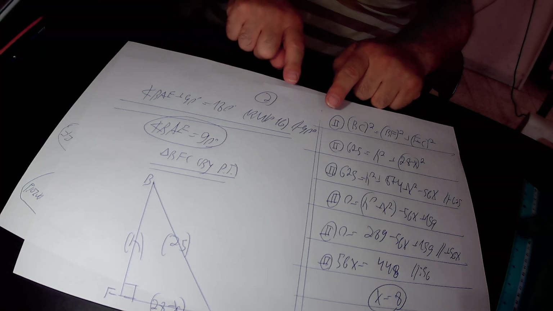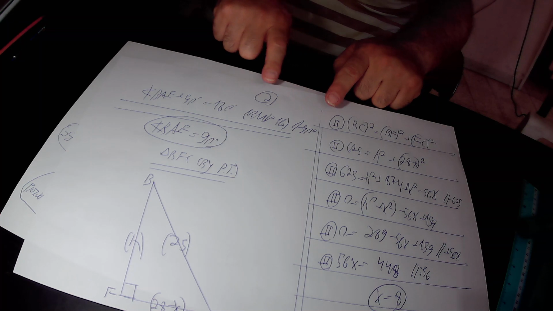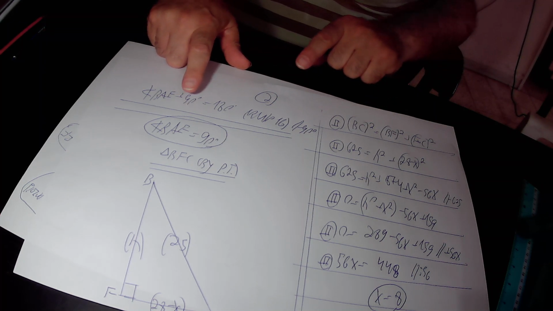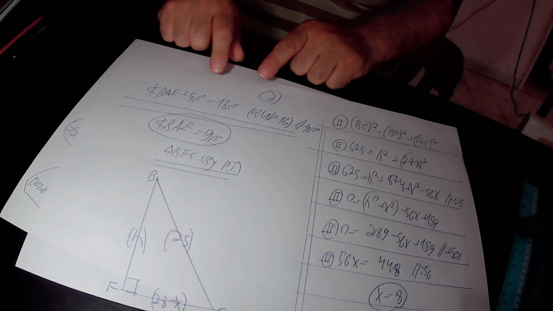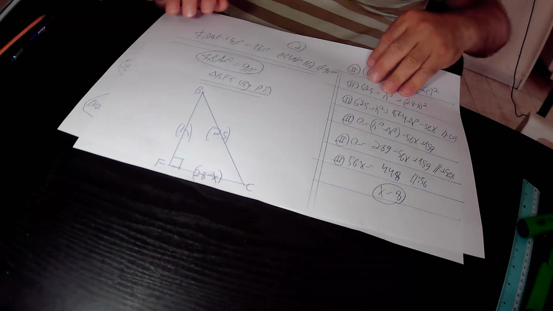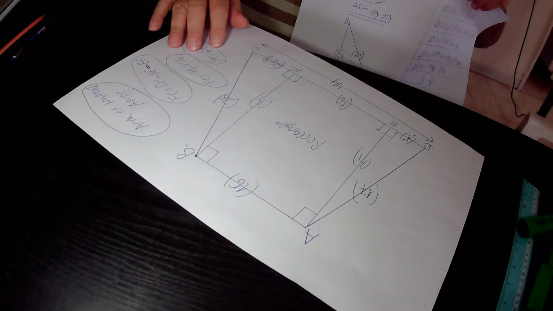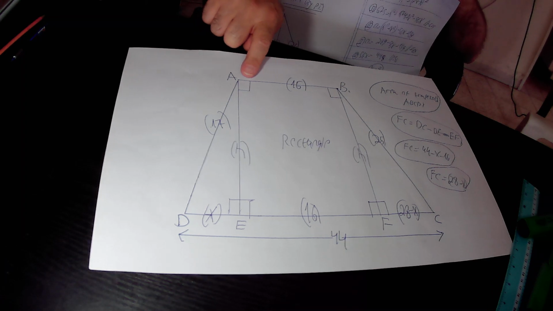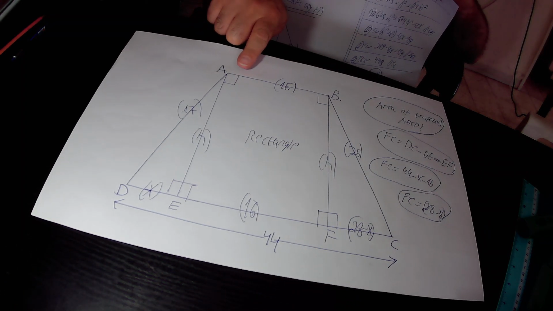Here we subtracted 90 degrees from this equation, and finally found that the size of the missing angle BAE is 180 degrees minus 90 degrees, that is 90 degrees.